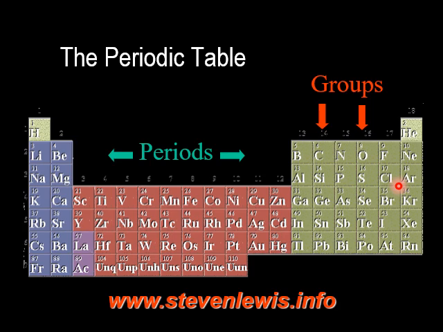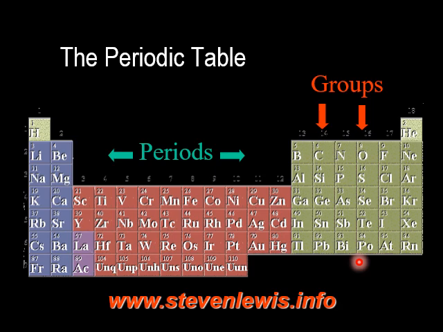In addition to these periods, we have elements arranged in groups or columns. The peculiar design of the periodic table allows us to group those elements together that have similar valence electron structures, and therefore will have similar chemical reactive behavior.